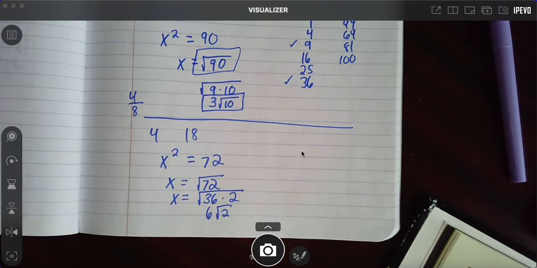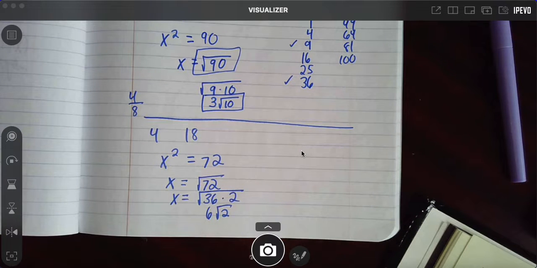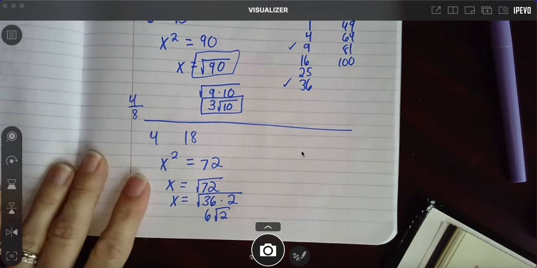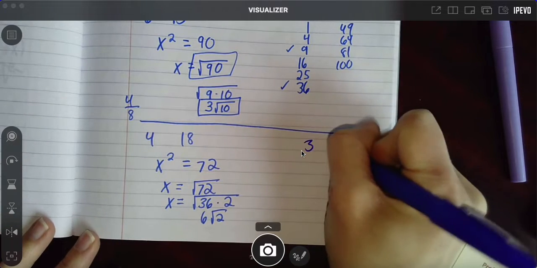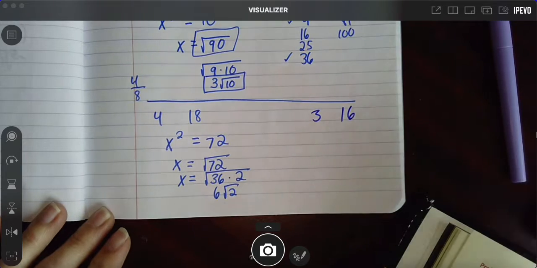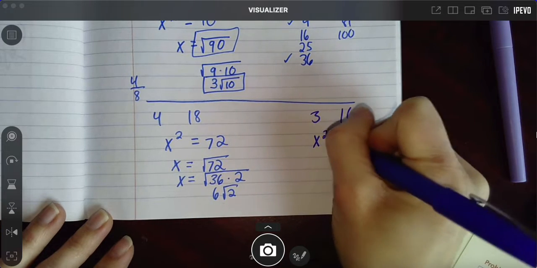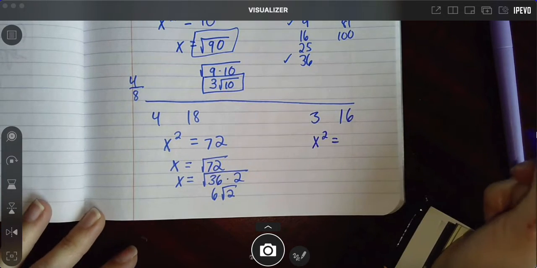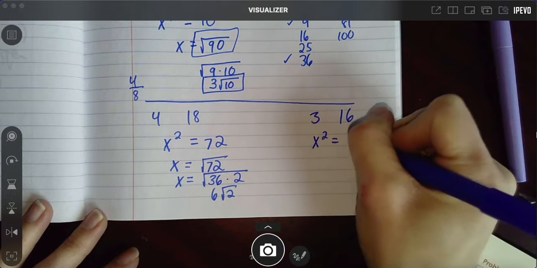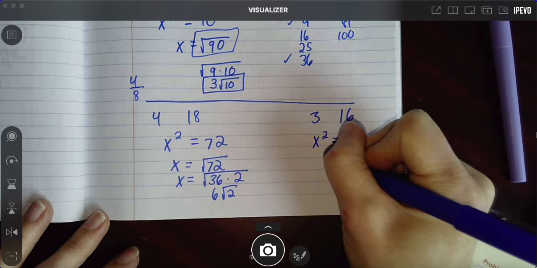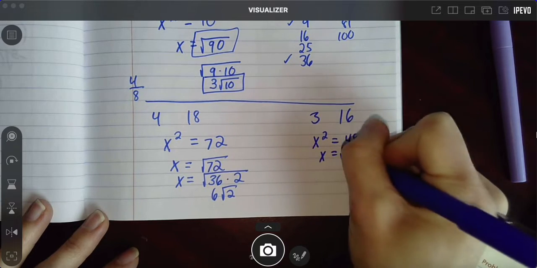Let me find another that's not on your paper. They do 3 and 16. So I'm going to have x squared equals, what is 3 times 16? 48, I think. Then I would take the square root of 48.